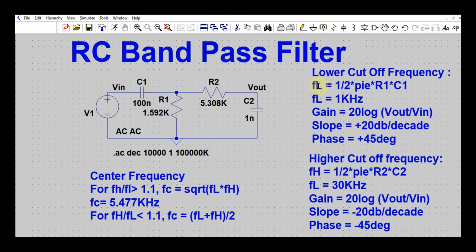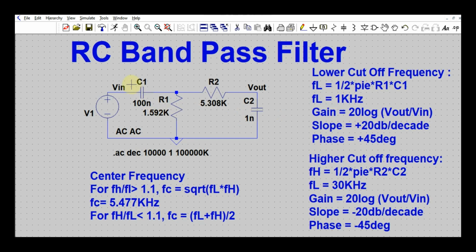If you replace the values of C1 and R1 in this formula, you get a frequency of 1 kilohertz. That means your lower cutoff frequency is 1 kilohertz, and it comes from the high pass filter. So it attenuates frequencies below 1 kilohertz and passes frequencies above 1 kilohertz.